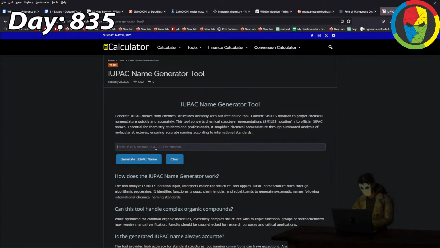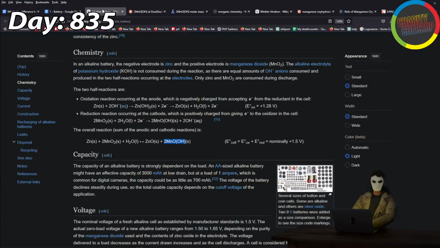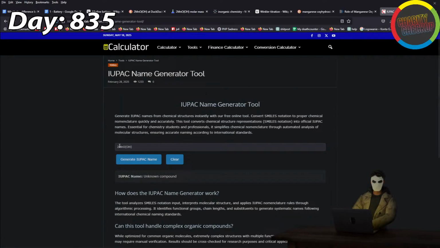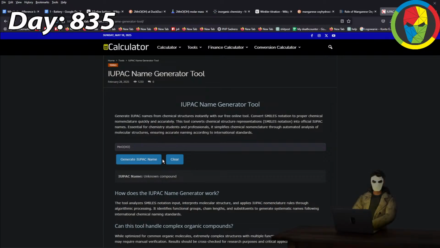This. Unknown compound. Is it? Is it now? Is it an unknown compound? Is it because it's a 2? It's because it's 2. There we go. This is manganese oxide hydroxide. Alright, manganese oxyhydroxide will have to be good enough.